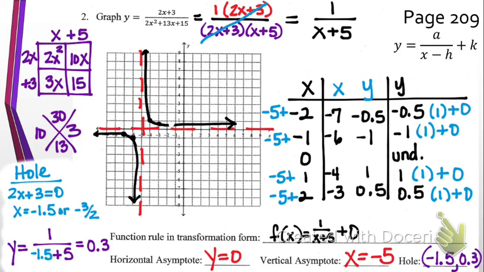I'm just going to take away like a little bitty piece. I'm going to make a break in the graph and then put an open circle right there to represent where that hole is. And that is your graph.